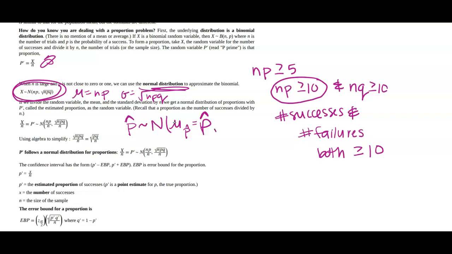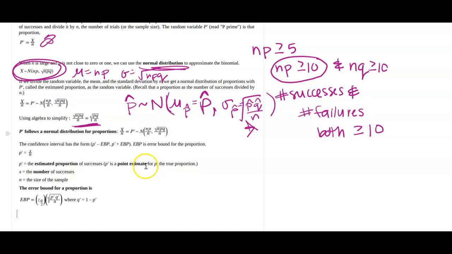And the standard deviation, with some algebra, we end up getting the square root of P hat, Q hat over N. I don't think you really need to know more about why these are the way that they are. That's just how it's going to be.